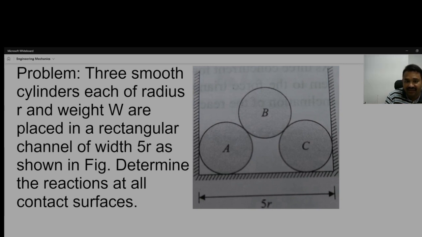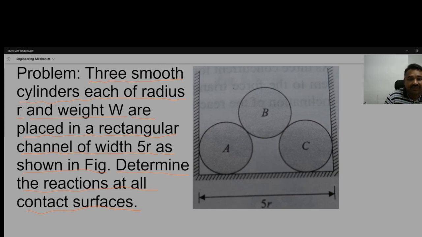You can see this is the channel, and the statement of the problem is: three smooth cylinders, each of radius r and weight w, are placed in a rectangular channel of width 5r as shown in figure. Determine the reactions at all contact surfaces.